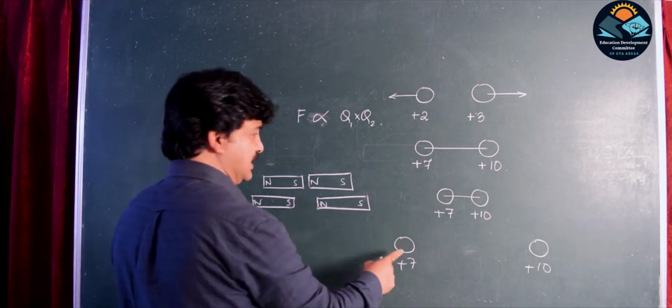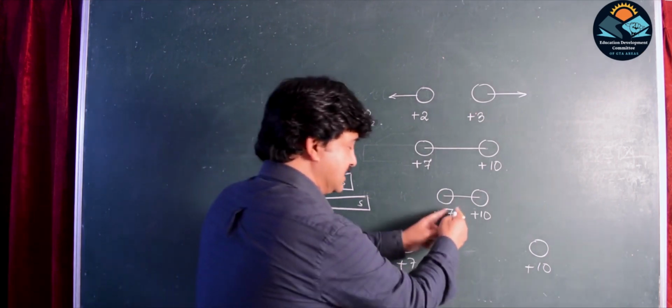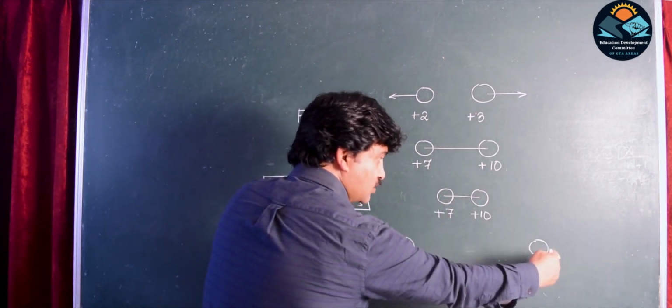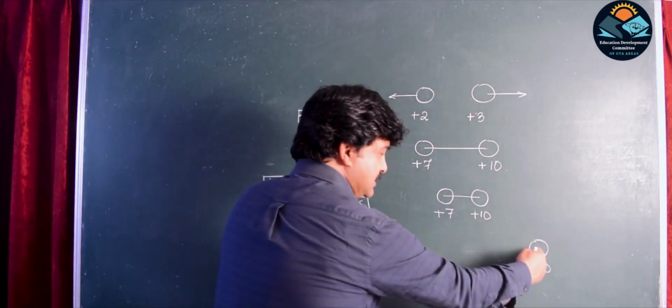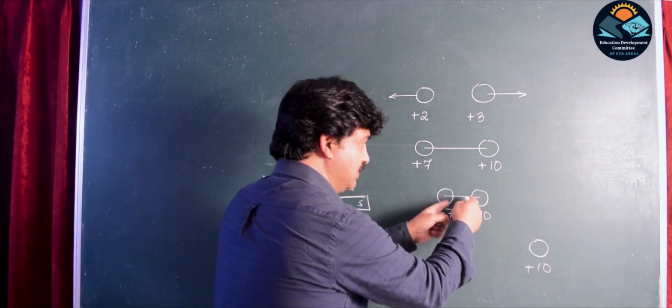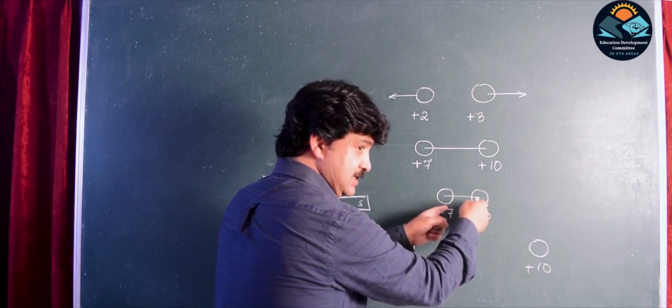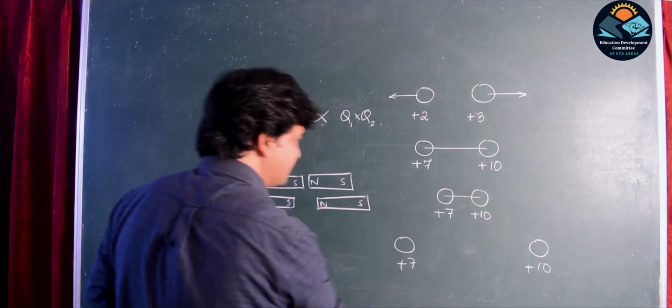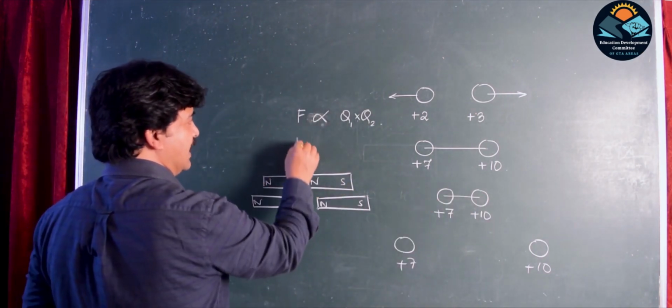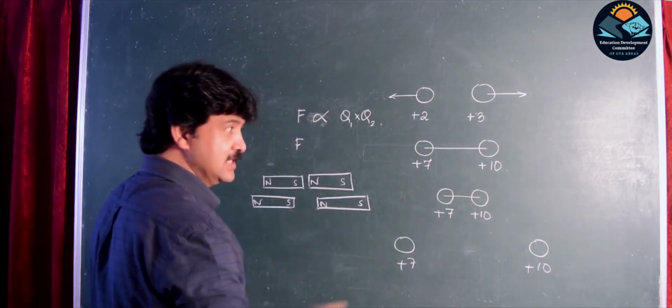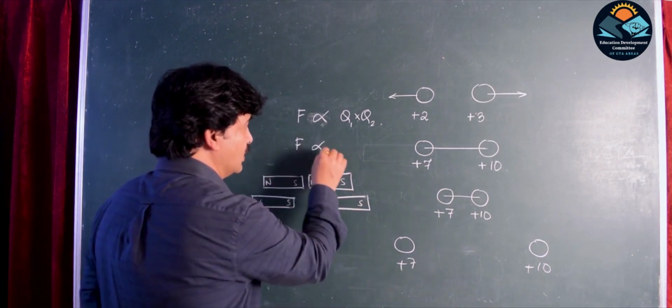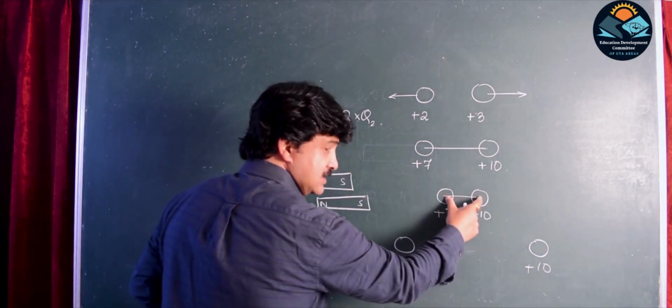So similarly, here also, as the distance increases, the force decreases. As the distance decreases, they will repel more and more here, isn't it? So from here, we find that the force depends also on the distance.